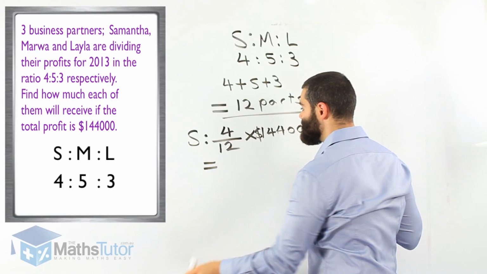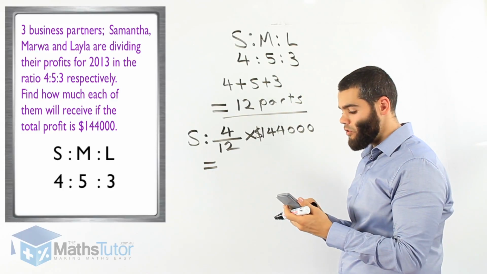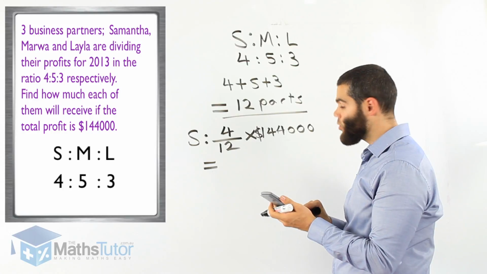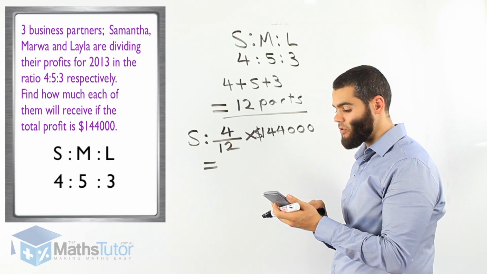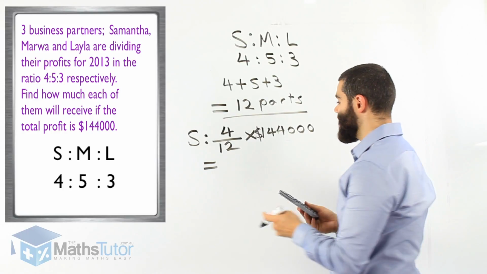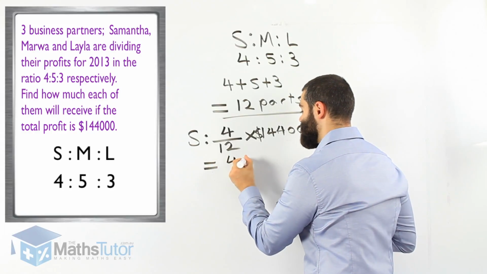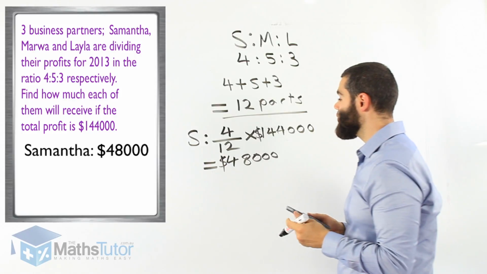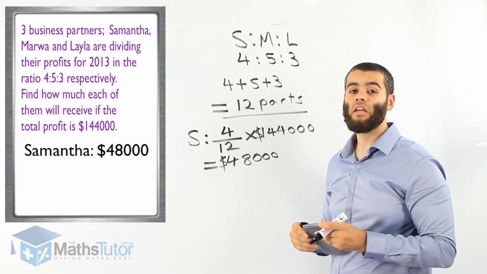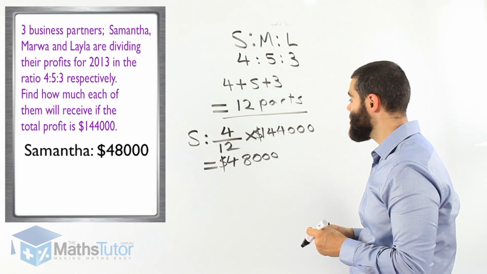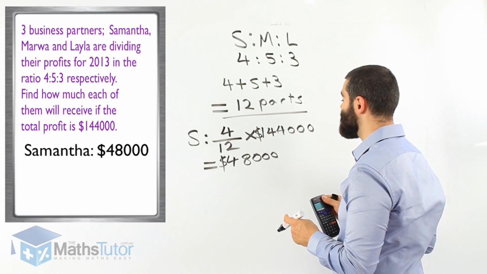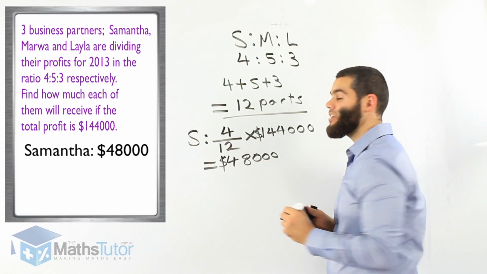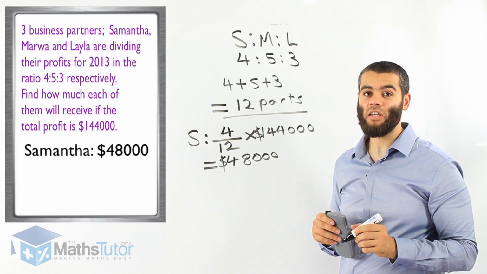Grab your calculator, put it in your calculator, 4 out of 12 times 144,000, and she's going to receive $48,000 as her profits. So Samantha is going to get 4 parts out of the 12 times 144,000, $48,000.